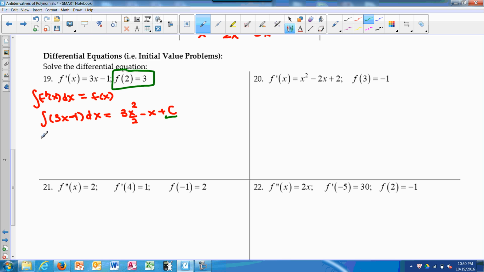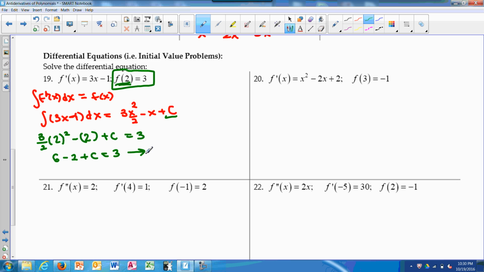So that tells me that f of 2, which would be 3 halves 2 squared minus 2 plus c, must equal 3. So f of 2 equals 3. So if I simplify this out, I get 6 minus 2 plus c must equal 3.